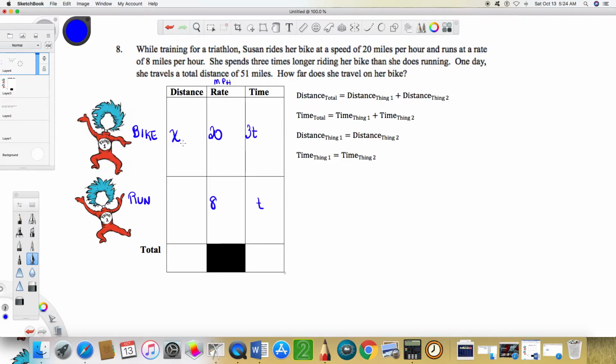So I don't know how far she's riding her bike. I don't know how far she's running, but I do know that she travels a total distance of 51 miles. Now I don't know the total time, other than it would just be adding these two times together.